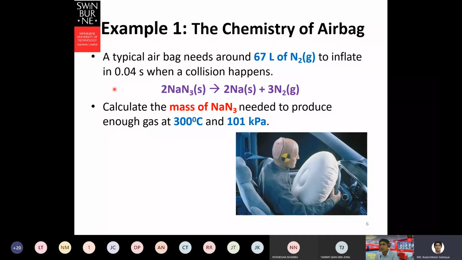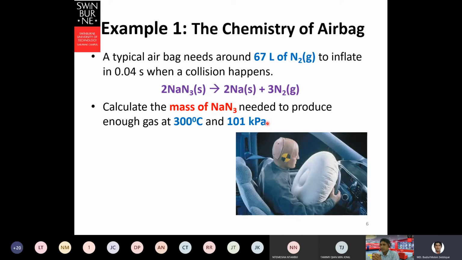Okay, so now it says to calculate the mass of sodium azide needed to produce enough gas at 300 degrees centigrade and 101 kilopascal, that is almost 1 atmosphere. One atmospheric pressure is the normal pressure at sea level.